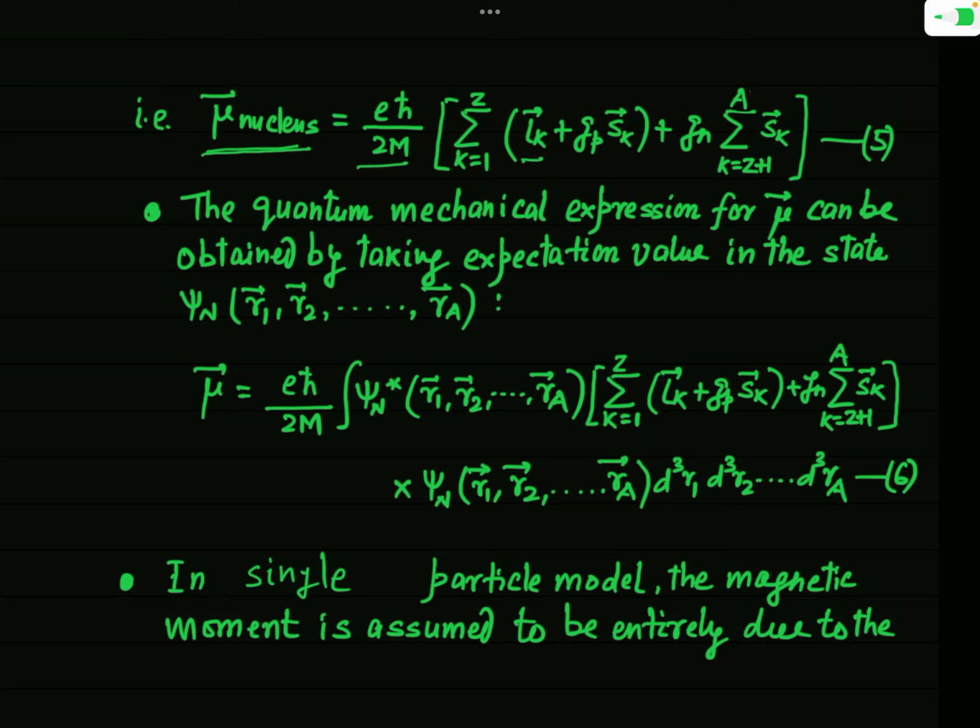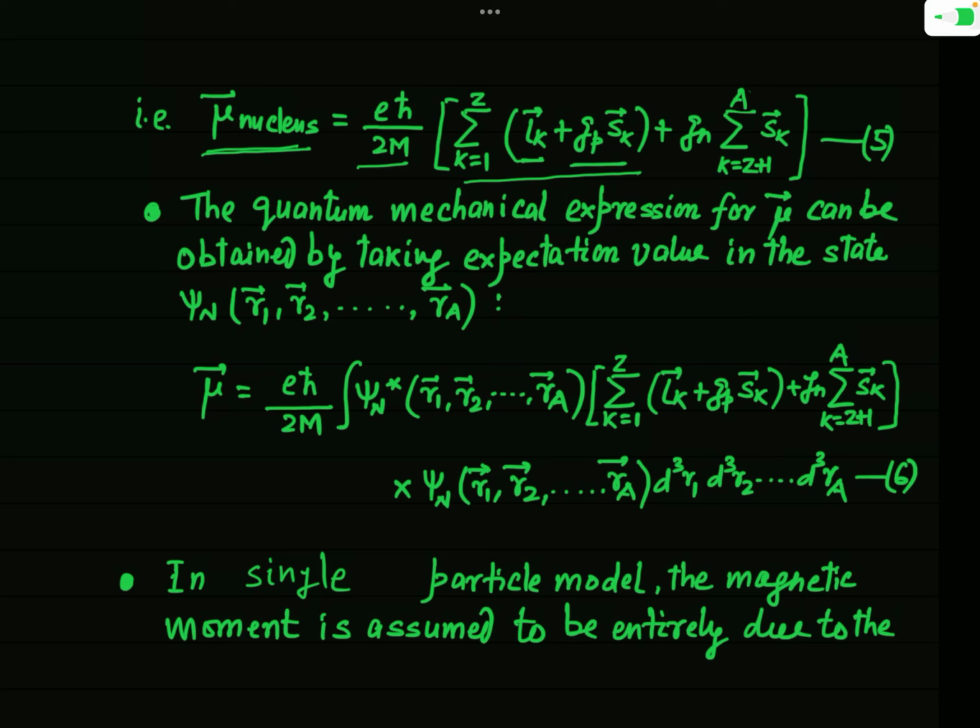This represents the orbital magnetic moment due to the protons, plus Gp Sk, summation is for both. This is the spin magnetic moment due to the proton. So this first term represents the total magnetic moment due to protons. In the protons' contribution, you can see there are two contributions. First one is due to the orbital motion of the proton, and second due to spin of the proton.